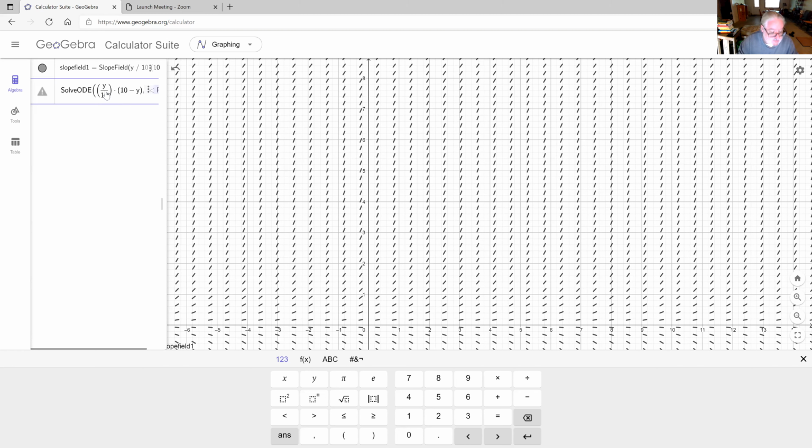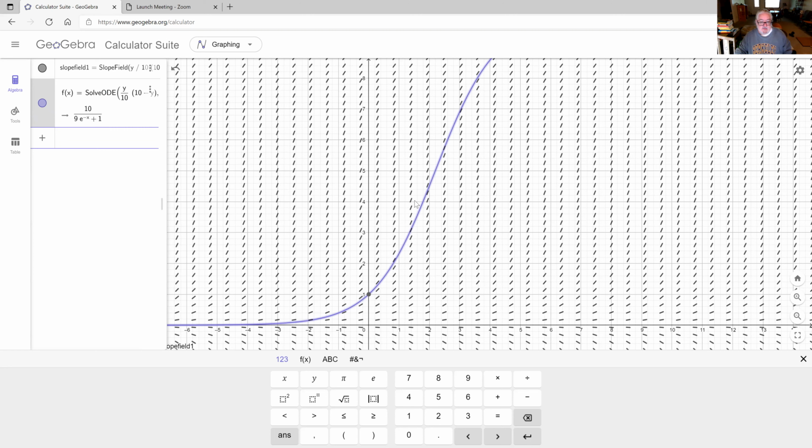And then the point we want to start at is 0, 1. And it thinks a little bit, and there it is. So there's the curve. There's our initial condition. There's the solution. We want to know what's f of 2. When t equals 2, what's the function? So f of 2 is about 4.51.